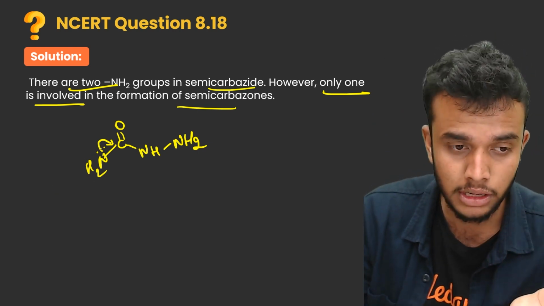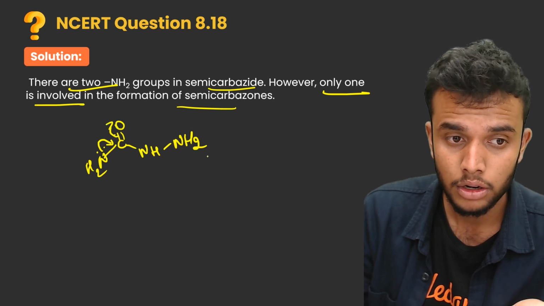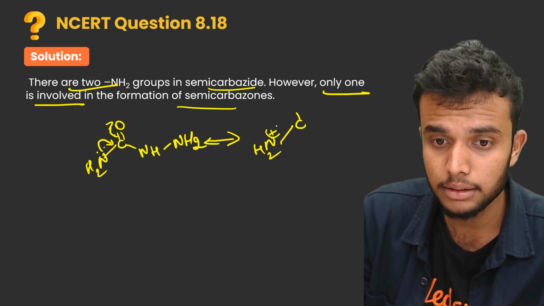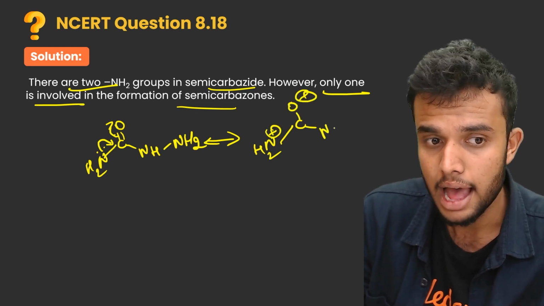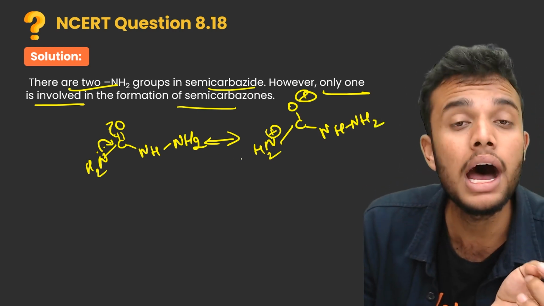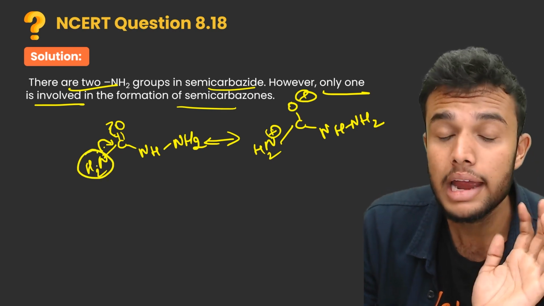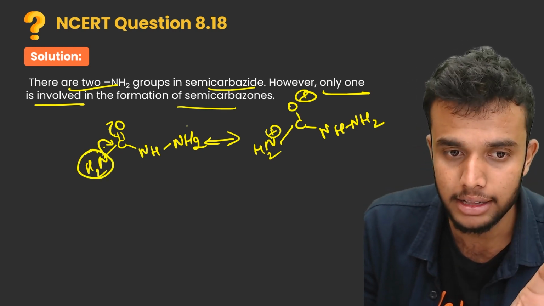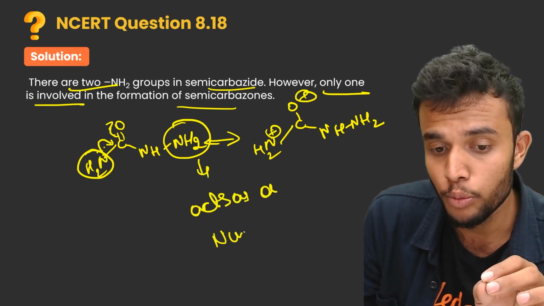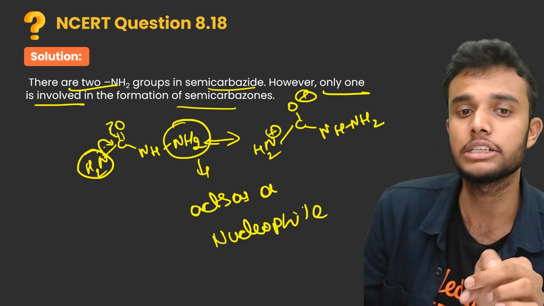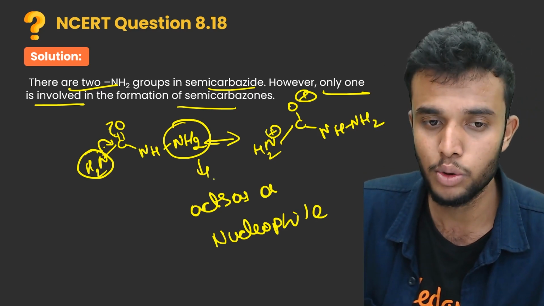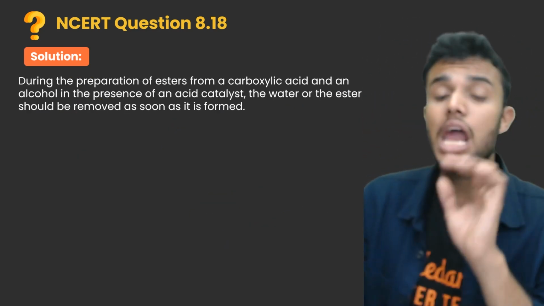The lone pair on the nitrogen is involved in resonance to yield NH2 plus, C-O minus, NH2, right? That's why this NH2 group does not act as a nucleophile. That's why the other group acts as a nucleophile. That's why only one group is involved in the formation of semicarbazone. Understood, students? Let's move to the last one.